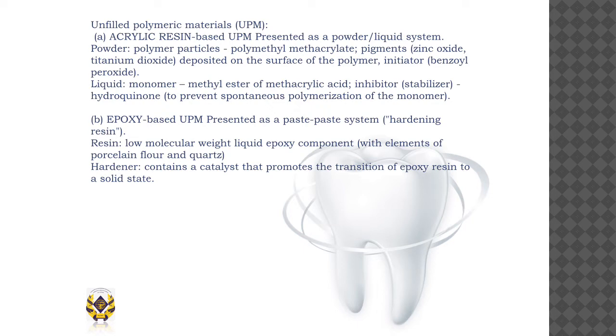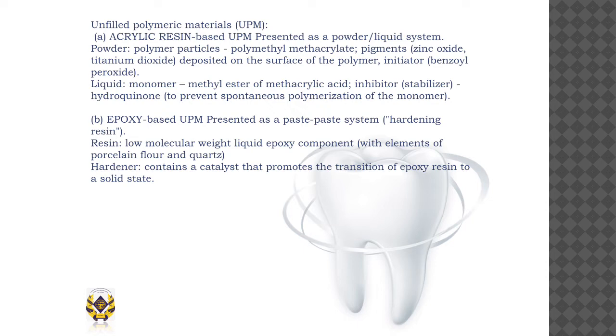They are presented as a powder-liquid system. The powder is polymer particles, polymethyl methacrylate, pigments deposited on the surface of the polymer, and an initiator. The liquid consists of monomer, methyl ester of methacrylic acid, and an inhibitor, hydroquinone, which prevents spontaneous polymerization of the monomer.